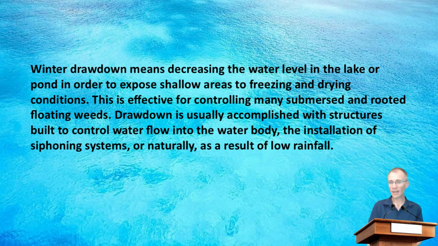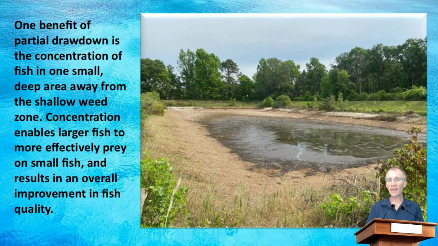Drawdown is usually accomplished with structures built to control water flow in the water body, the installation of siphoning systems, or naturally as a result of low rainfall. One benefit of partial drawdown is the concentration of fish in one small, deep area away from the shallow weed zone.